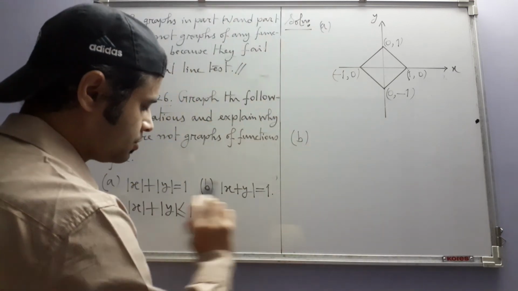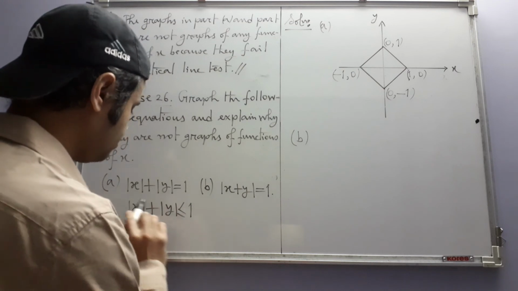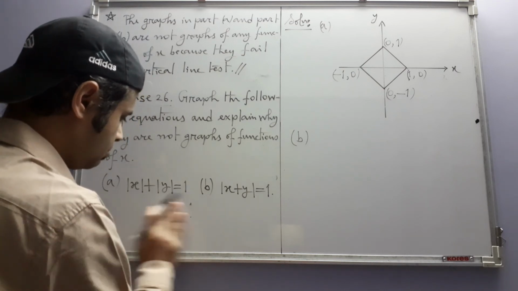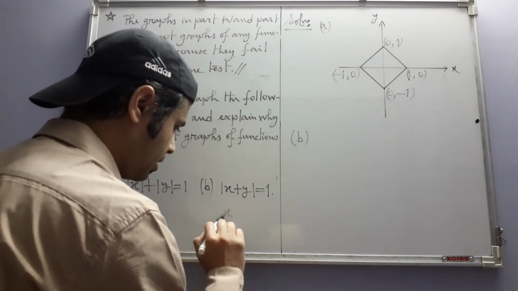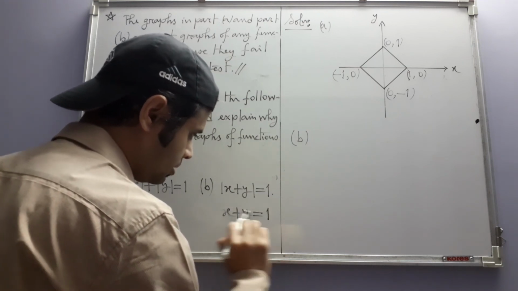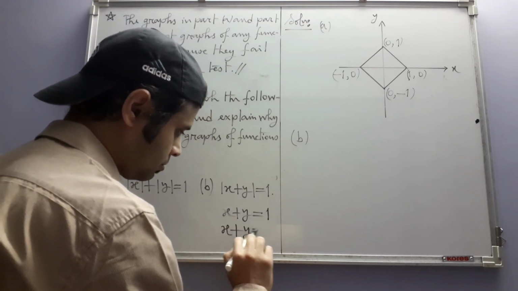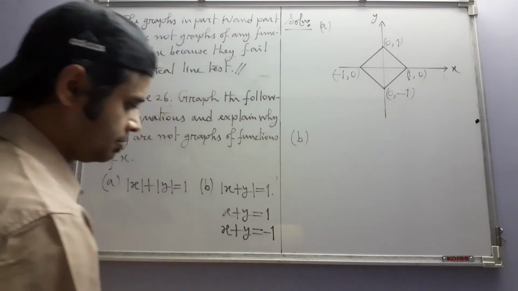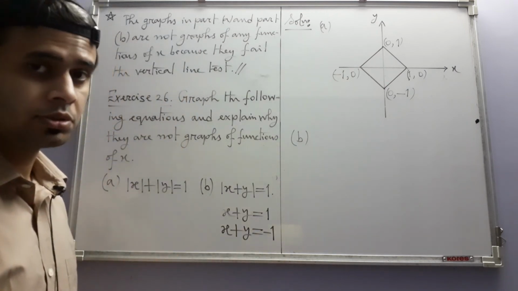And what about this one? This is quite easy to figure out. x plus y is either 1 or minus 1. So it's a pair of these two straight lines.